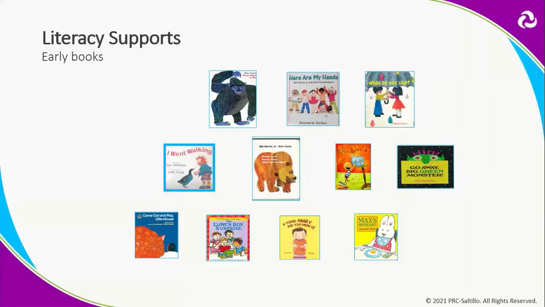Okay. There are literacy supports. And so again, when I was doing the WordPower 60 Basic file, we were trying to do our best to have this file support Carol Zangari's Tell Me program. And so these are the books that are in that program.